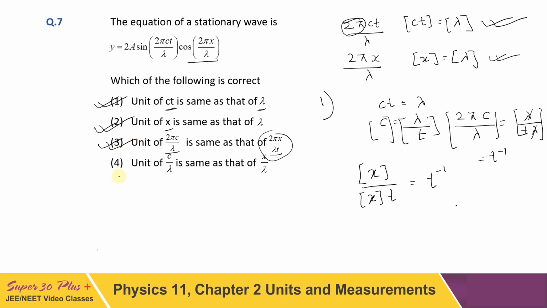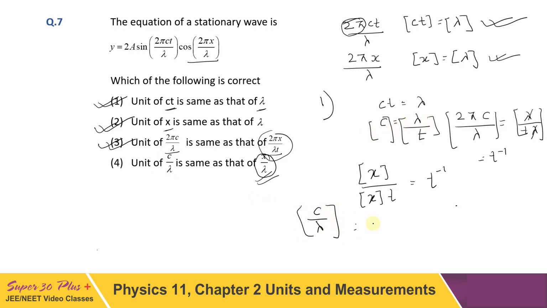The fourth one is unit of c by lambda is same as that of x by lambda. Now see, x and lambda both have the same unit, so this term x by lambda has to be unitless. But come to c by lambda. C we have already derived, it is lambda upon t.